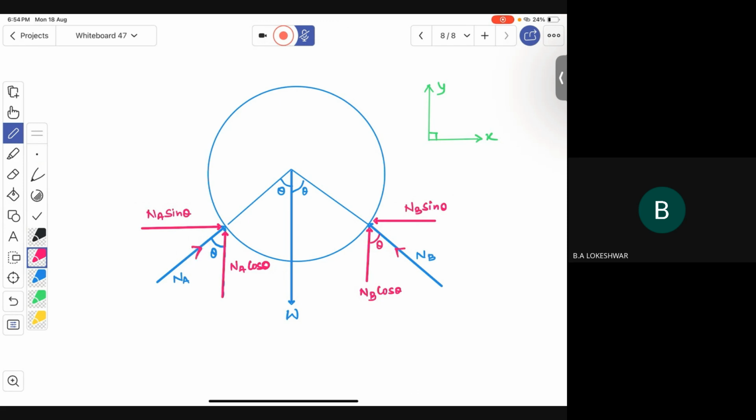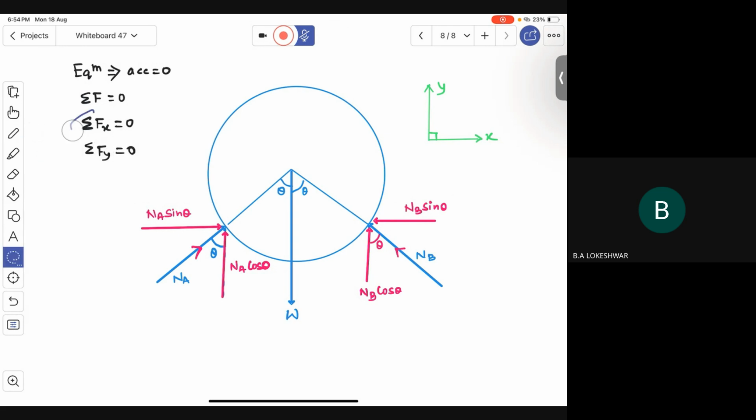And this is under equilibrium, which means acceleration is zero. Acceleration zero means, by the first law, net force must be zero, or even by the second law. Net force zero, so every component of the forces must be zero. Net force along x must be zero, net force along y must be zero.